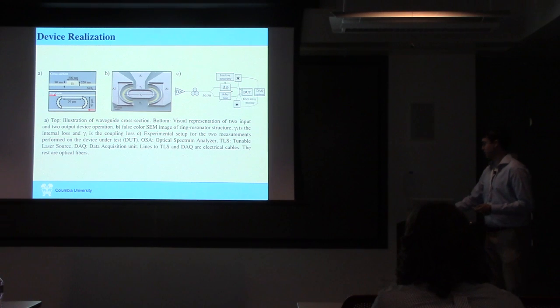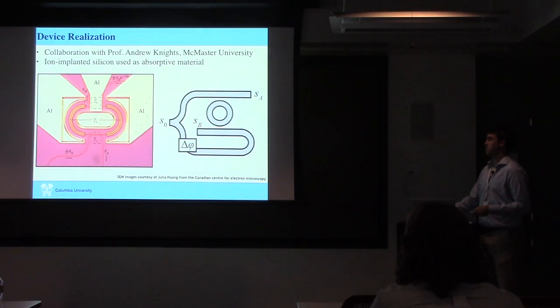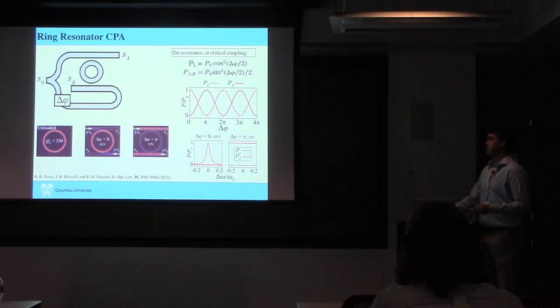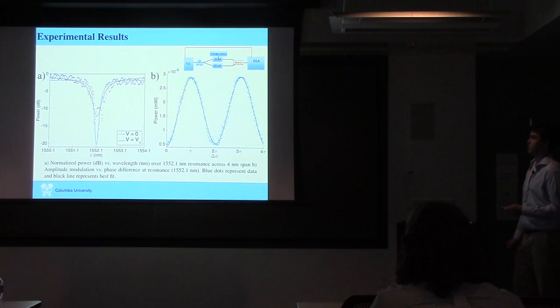So we created a bunch of different devices with different coupling gaps, and we're trying to match the one that perfectly matches the loss rate that we have with the current device. So ideally, we would want this line to be flat instead of still dipping, and we've actually found a couple more devices that flatten out and have more like 15 dB extinction instead of this 8 dB extinction that you see here.